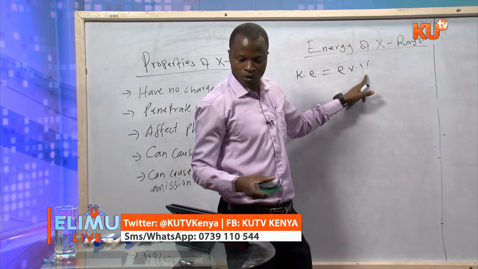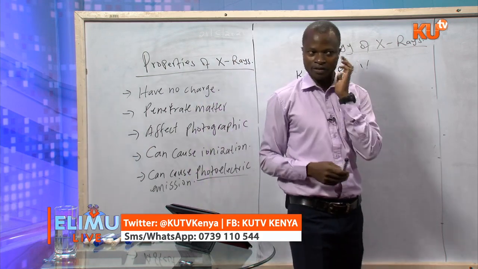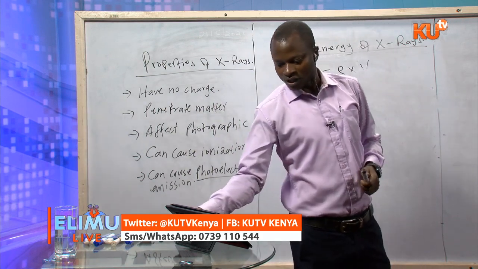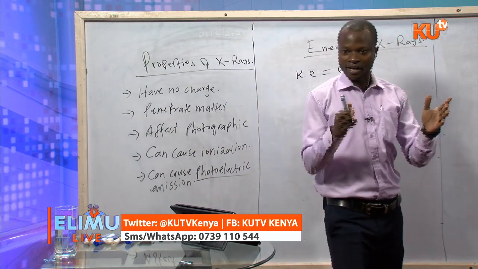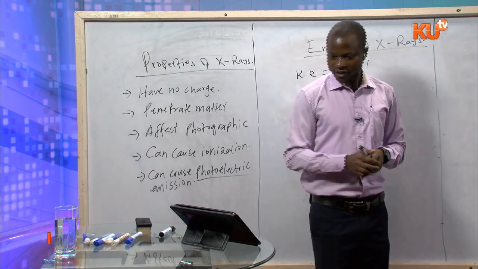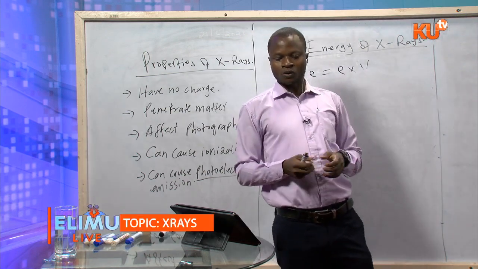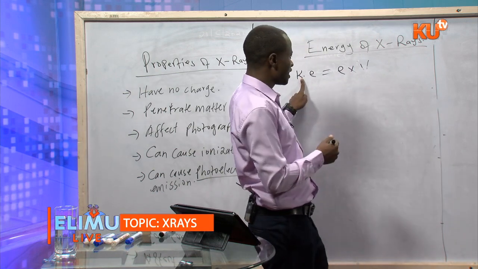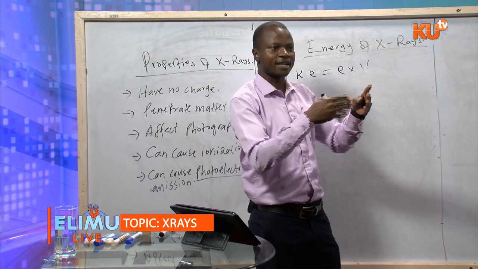Those are the terms that we shall be using. When you see V, that means what? Accelerating potential. Then what happens when all the kinetic energy of an electron is used to produce X-rays? Then that means we shall produce what? X-ray energy. So all this kinetic energy will be used to produce X-ray energy.